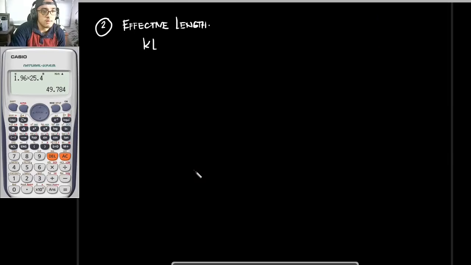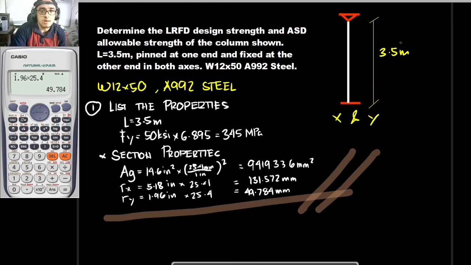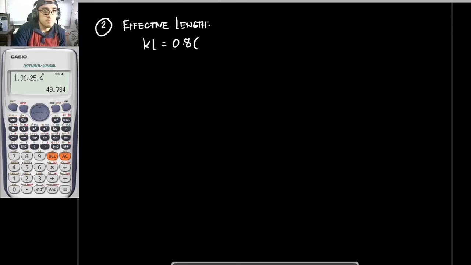Okay, so from that, this is to be, yung K times L natin would be 0.8 times length, and our length once again is 3.5 meters. So that is to be 3,500 mm. So our effective length would now be 0.8 times 3,500, so 2,800 mm.